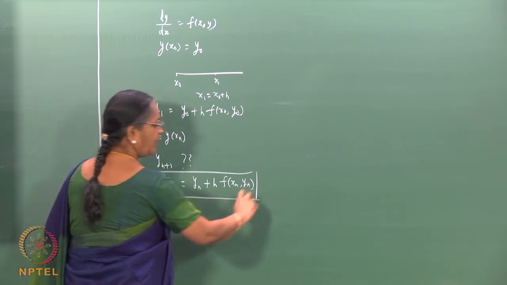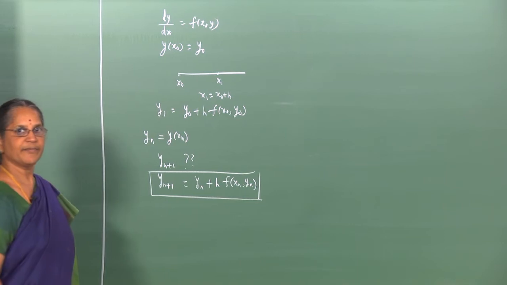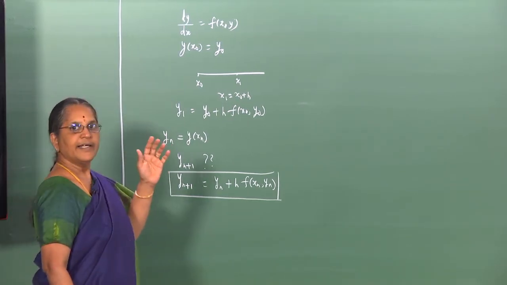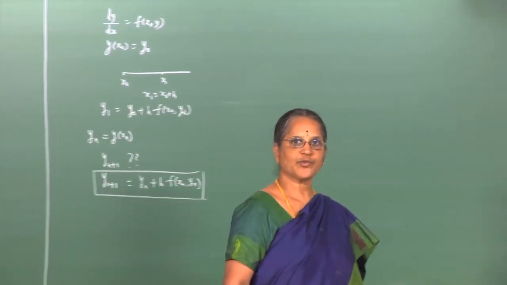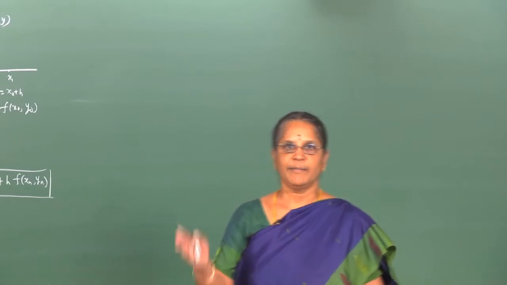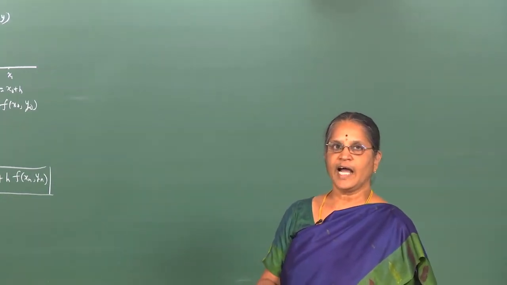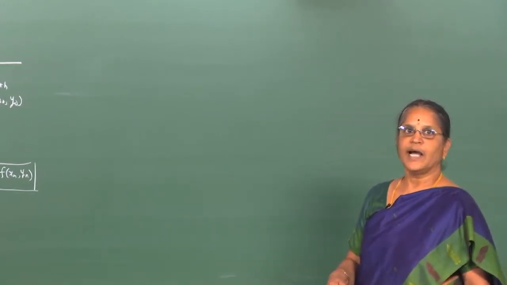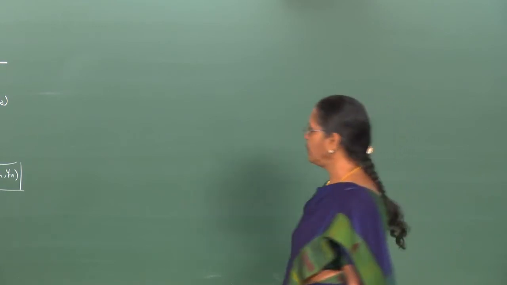Then we also saw a modified form of Euler's method in which the solution curve in an interval xn to xn+1 is approximated by a straight line passing through (xn, yn) and having its slope to be the average of the slopes at the points (xn, yn) and (xn+1, yn+1).